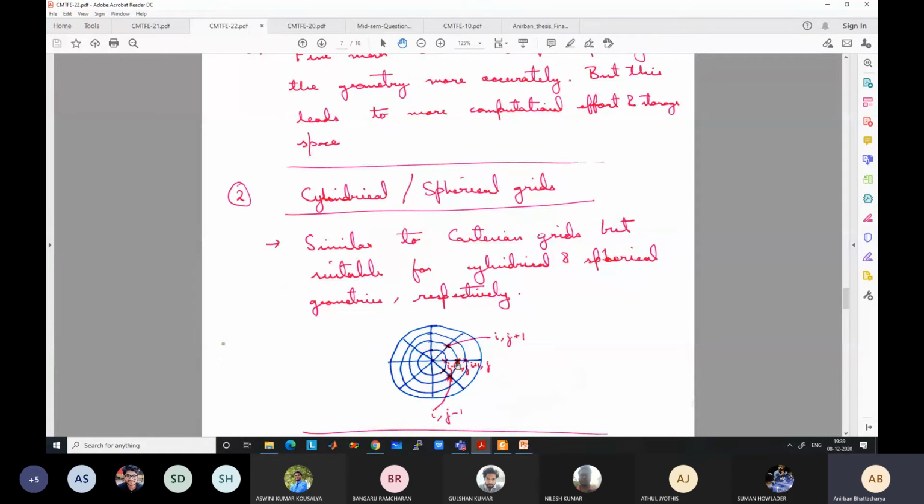So if this is i, this is i plus 1 and this is i minus 1. j is increasing along the theta direction. So if this is j, this is j plus 1, i comma j plus 1, this is i comma j plus 2, i comma j plus 3, like this. Same number of neighboring points for internal grid points like these. This will have 4 points again, similar to previous cases, except this one. This is a special case.